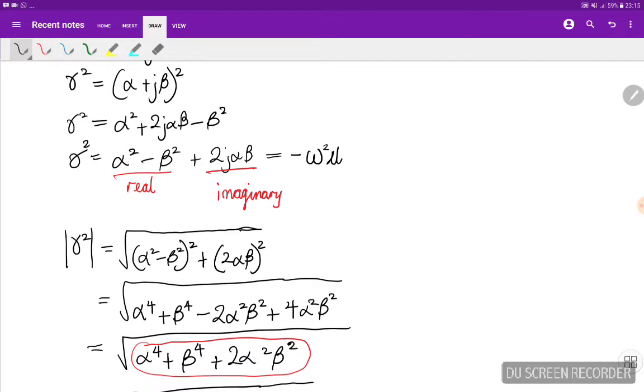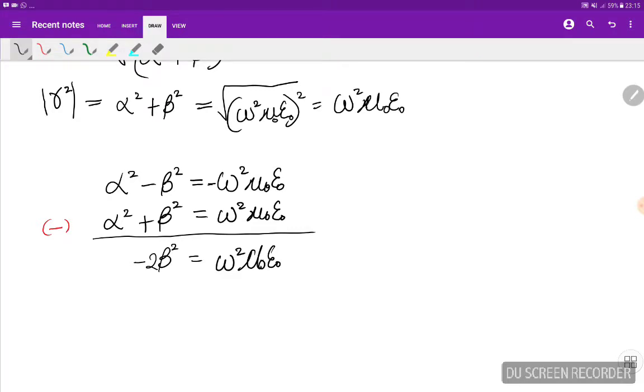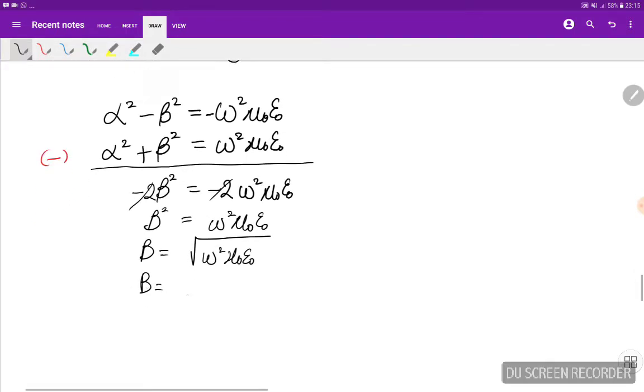So if that has a minus and we do minus, here we'll now have minus 2ω²μ₀ε₀, and that means our β² is equal to ω²μ₀ε₀. So our β is going to be the square root of everything, and β is going to be ω times the square root of μ₀ε₀.